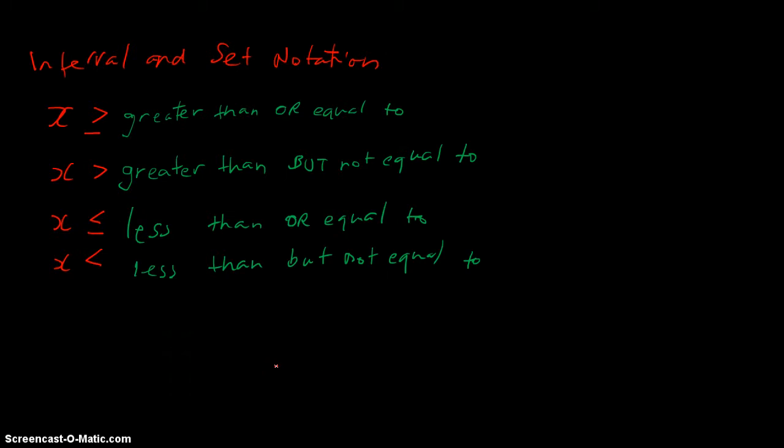Alright, let's just add another bit of definition first before we go into interval and set notation. I'm just going to quickly draw a number line. Hopefully you remember what a number line is. Let's start from 0.